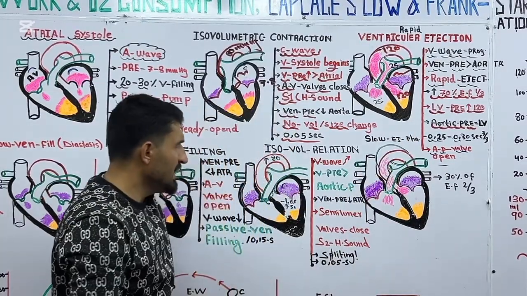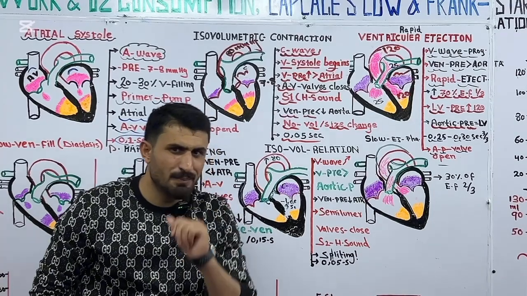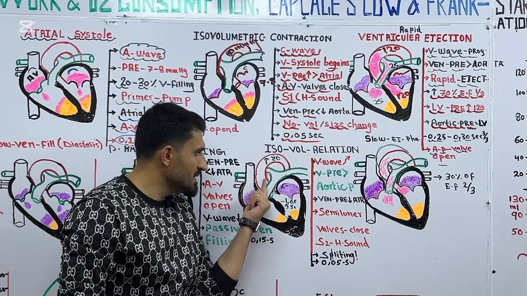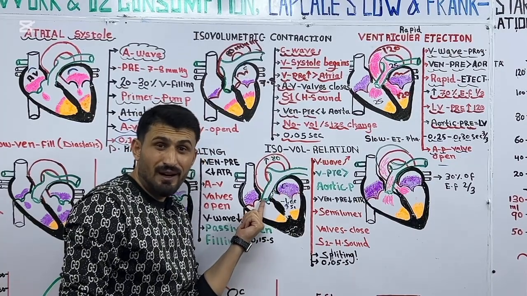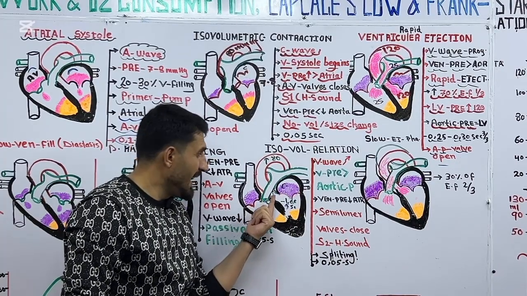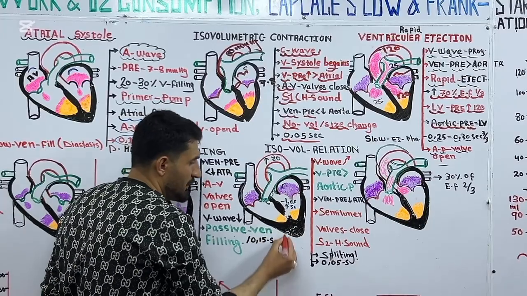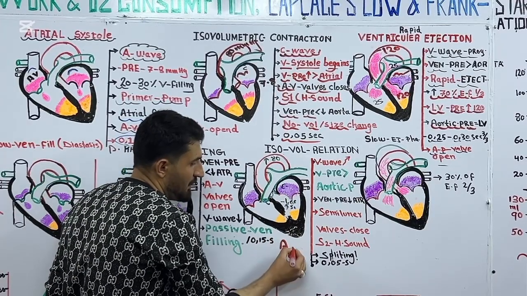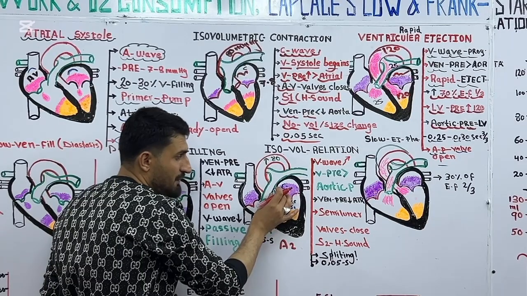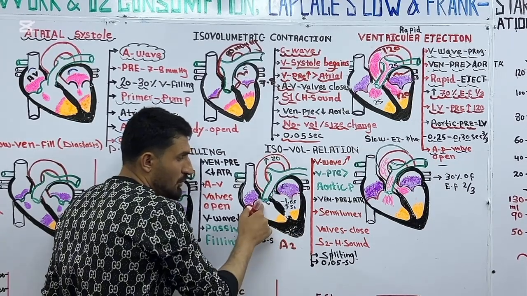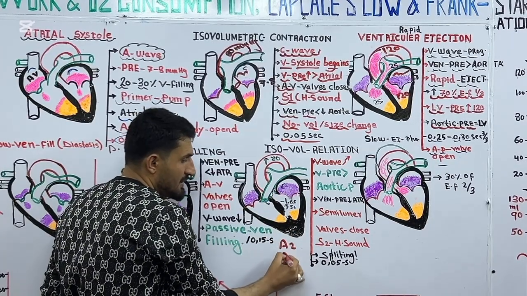Now here is the concept of splitting. Splitting means that first the aortic valve closes, then the pulmonary valve closes. Because it's the S2 sound, the sound produced by the aortic valve is called A2, and the sound produced by the pulmonary valve is called P2.